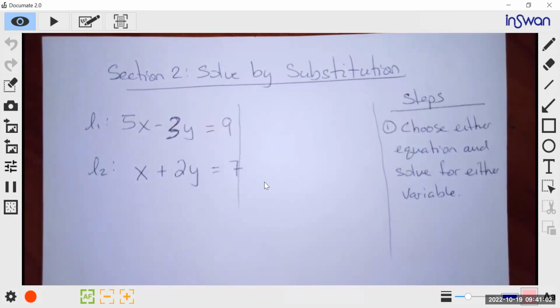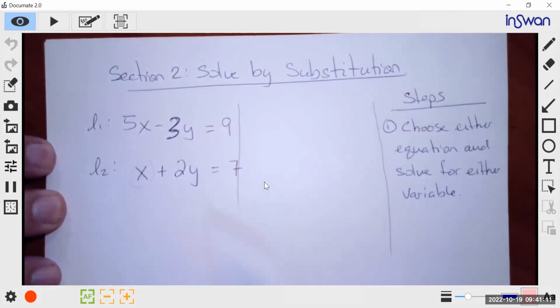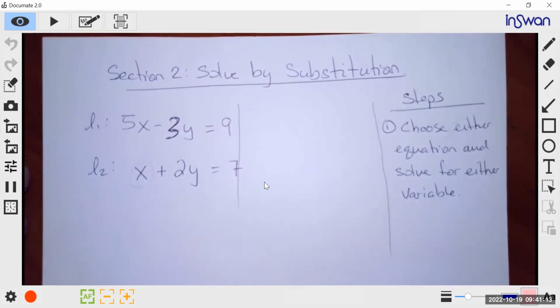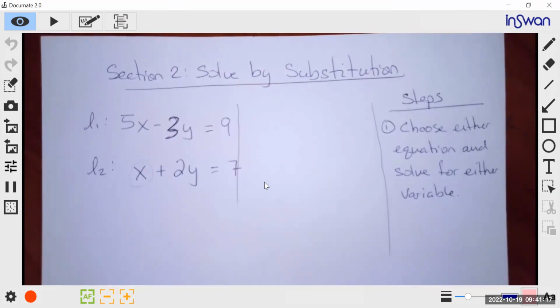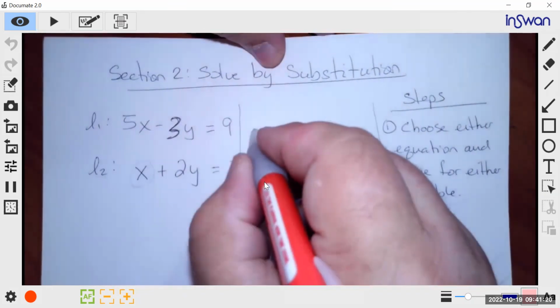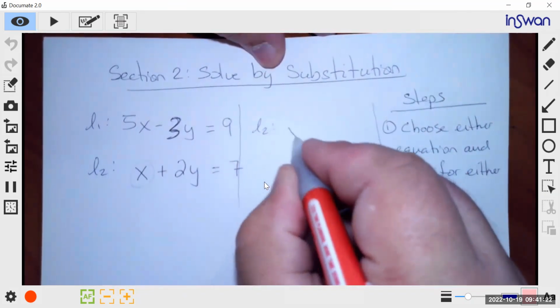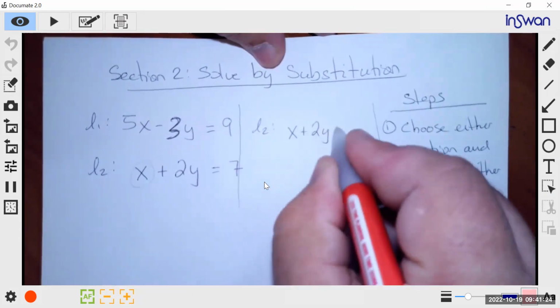Remember, you're solving for a variable. You want to get one variable by itself. Look again. Obviously, the second equation already has a letter by itself. It's not rocket science. Just look at the two equations and see which one looks simplest. So I'm using the second equation. What variable are you going to solve for?